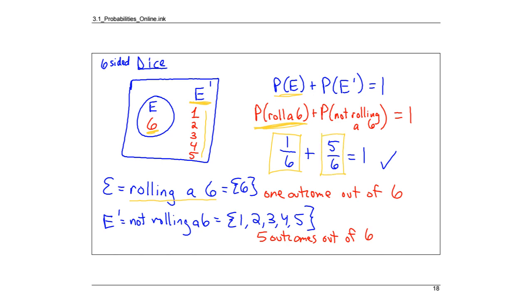Therefore, the probability would be 5/6. And notice if I add those two together, I would get 6/6 or 1. Okay, that's very important that the event and its complement sum to 1. Well, the probability of the event plus the probability of the complement is equal to 1.